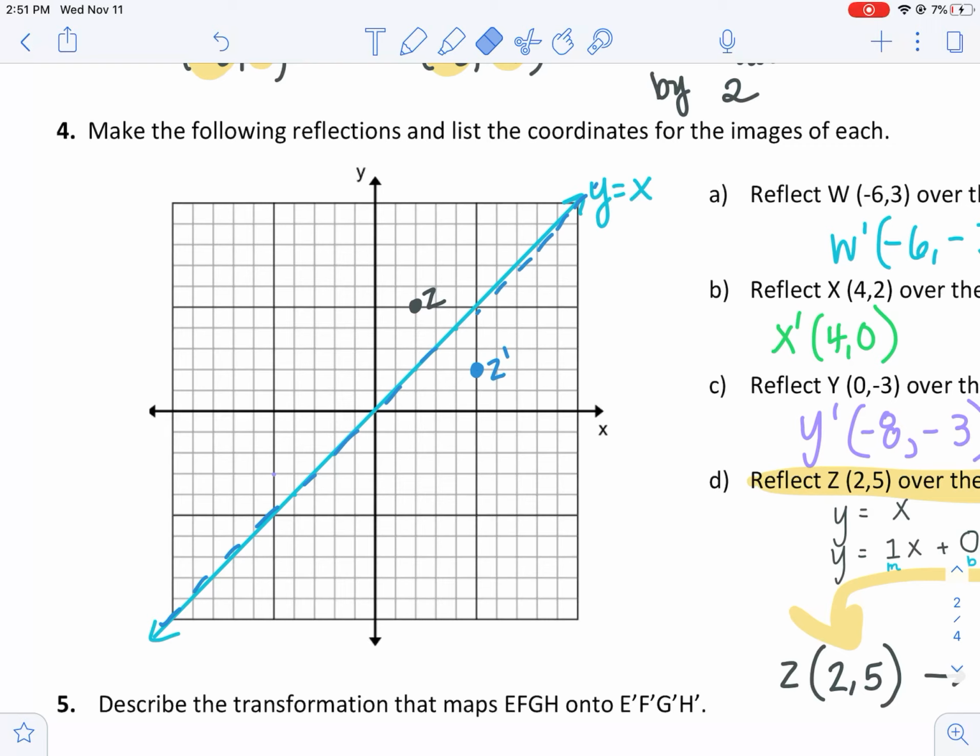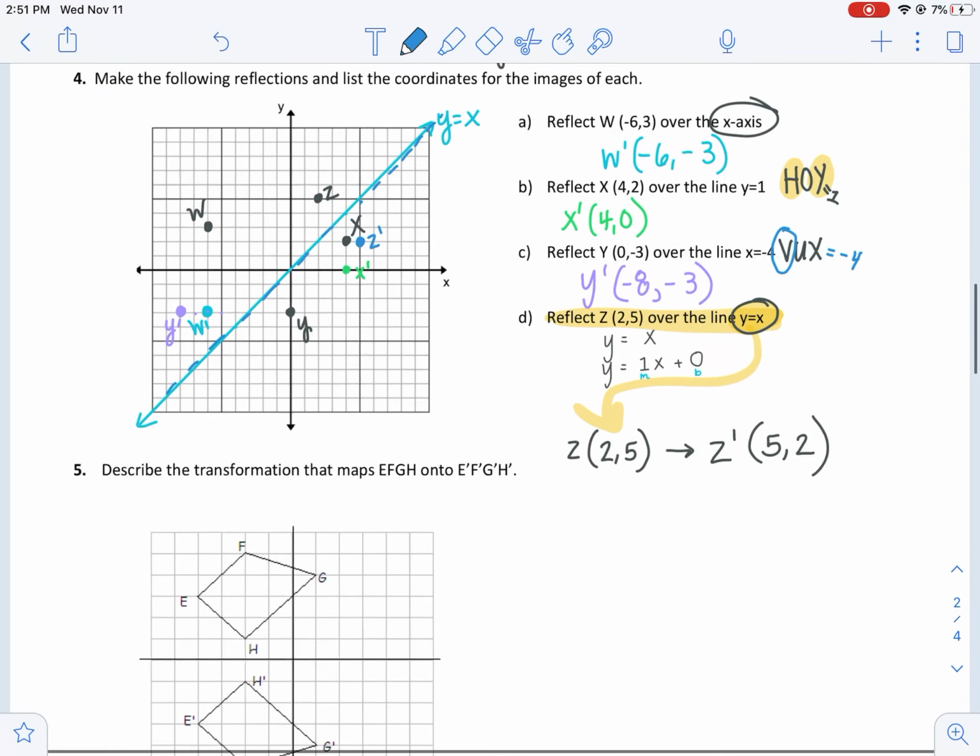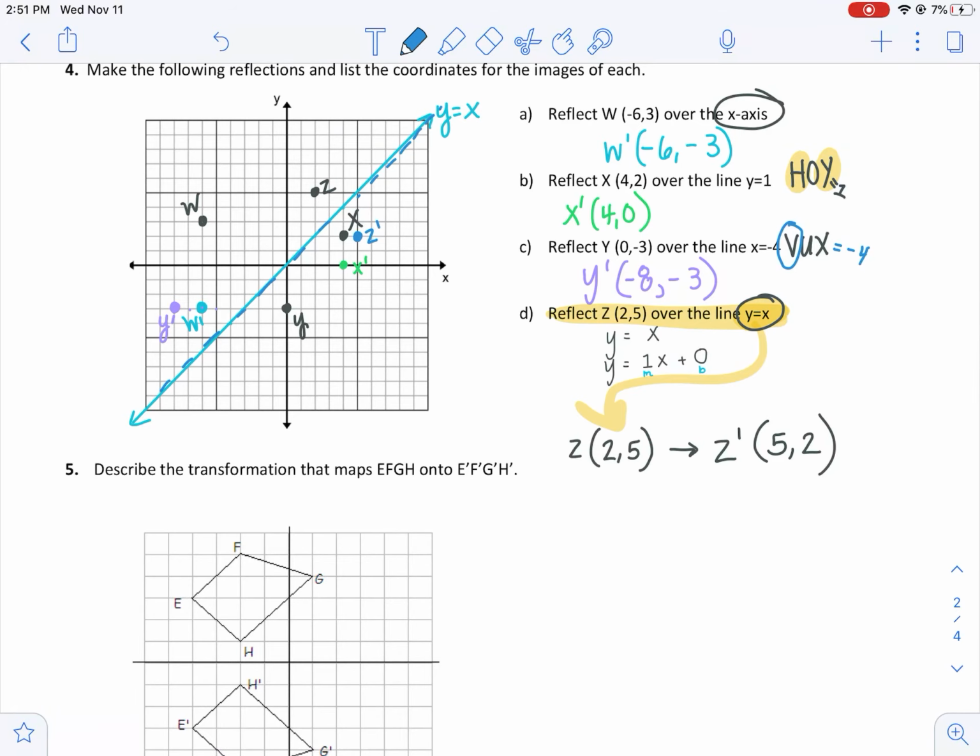If you folded this corner all the way over to this corner, and the crease was y equals x, these z's would end up right on top of each other, which means we perfectly reflected them. So, I'll bring everything back. That's how we reflect over the line y equals x.